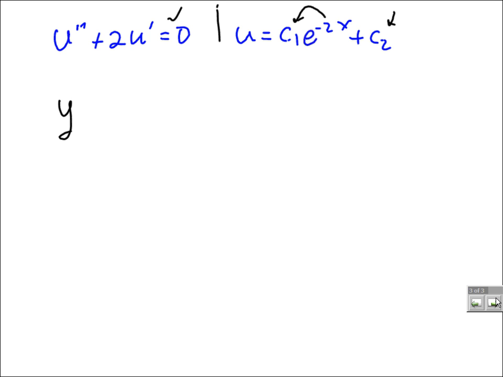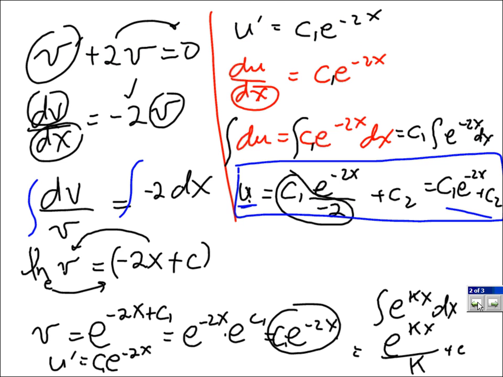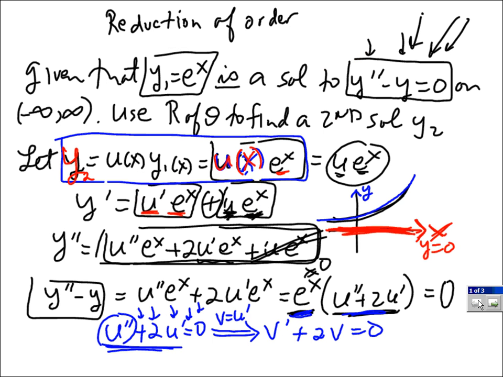Now, we said that y2 was u times y1. Well, I have u, and I'm not going to try to memorize. I'm going to go back and look. y1 was e to the x.